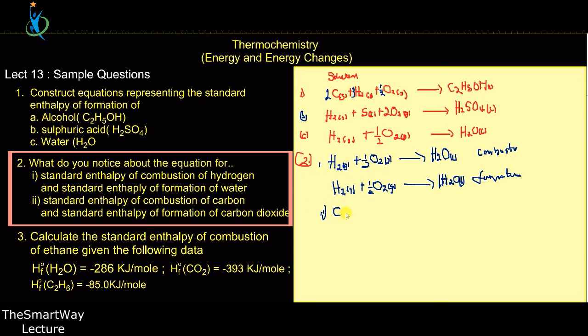So carbon solid combusted with oxygen gas in excess, and what are we going to form? We are going to form carbon dioxide. That also comes in the form of a gas, and that is the first one. That is the combustion.